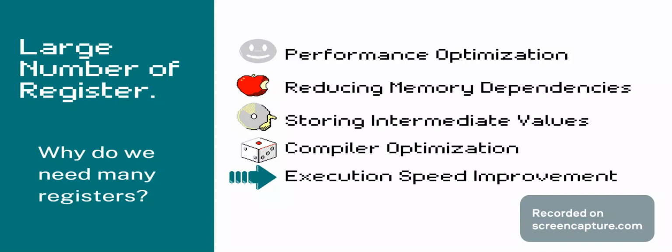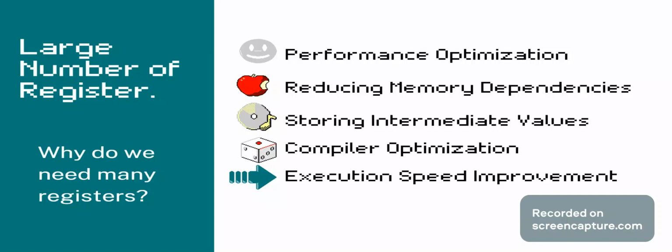And the fourth one is compiler optimization. The abundance of registers in RISC architecture provides greater flexibility for compilers to generate optimized code. Compilers can efficiently utilize registers to store intermediate values and avoid the use of slower memory instructions.